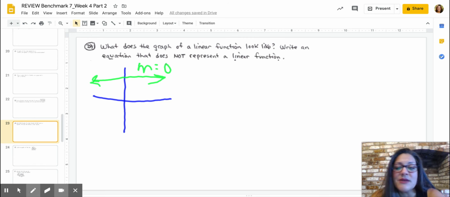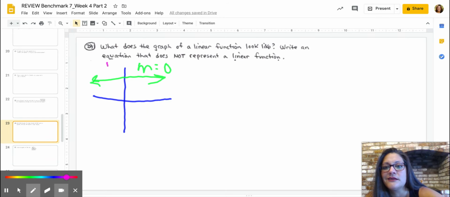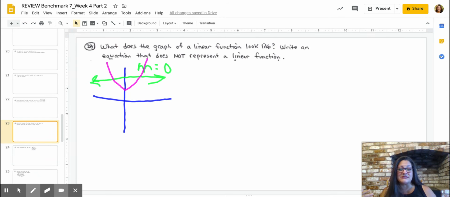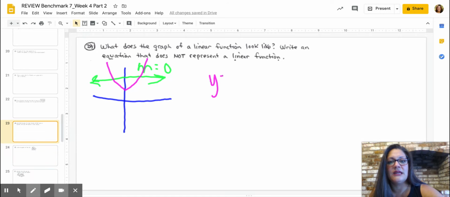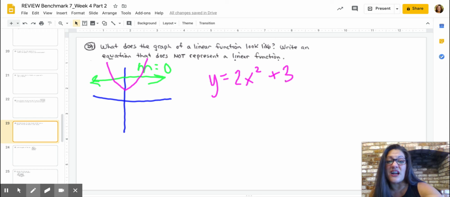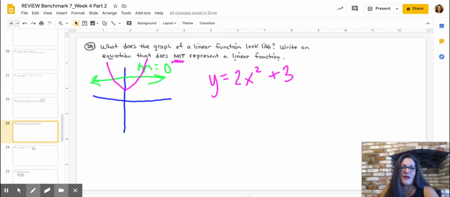An equation that does not represent a linear function, so linear means it's a straight line, can't be a parabola. A parabola is something like this, and that's represented usually by something squared. So let's see here. If I were to write the equation y equals 2x squared plus 3, this is not a linear function, and it's because that x is squared makes a parabola.